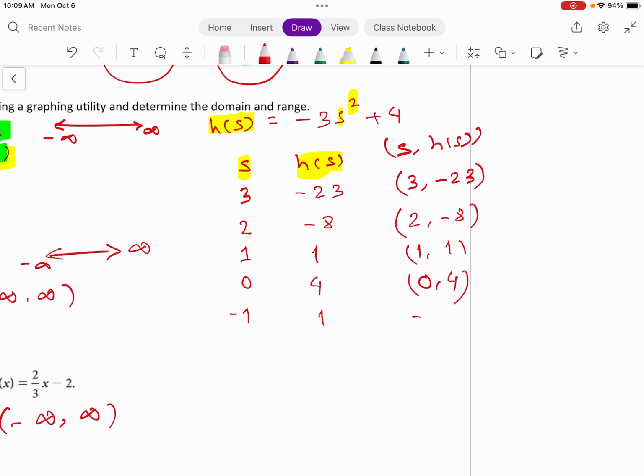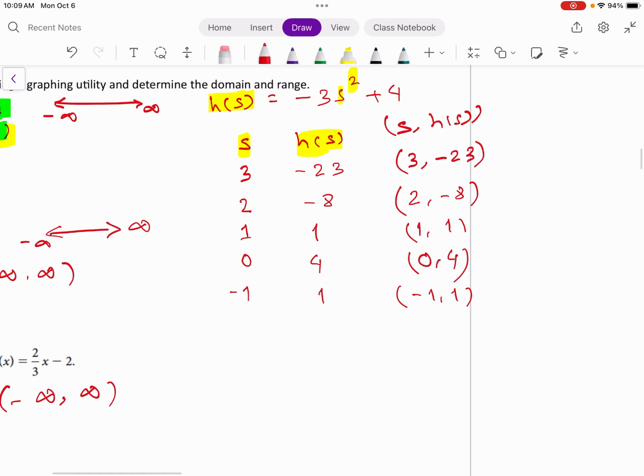So negative 1, 1. Now let's take negative 2. If our s is negative 2, what will be our output? Negative 3 times negative 2 squared. Negative 2 squared is positive 4. Positive 4 times negative 3 is negative 12 plus 4, that is negative 8.